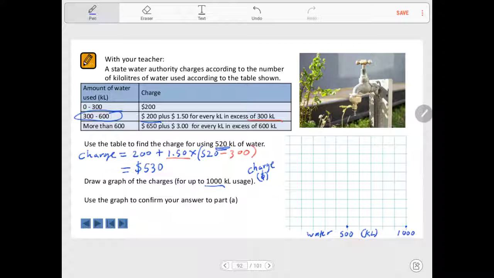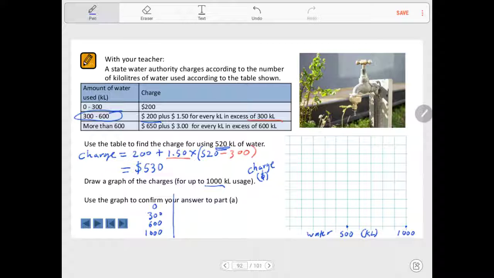Okay, so let's see how far we need to go and scale the charge axis. So we'll draw up a little table here, and we're going to have our amount of water. We're going to have 0 to 300, then 600 and 1,000.